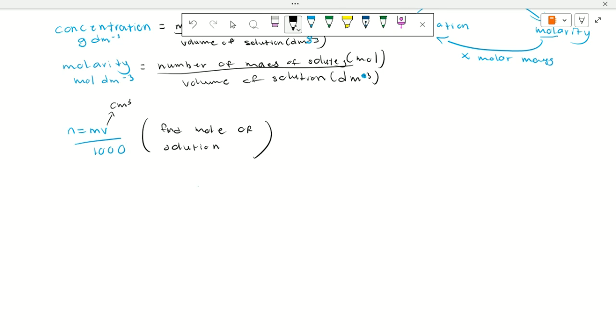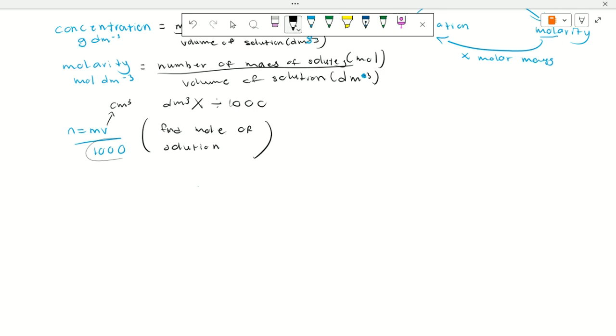If you don't know the function of 1000, why we divide by 1000? We divide by 1000 because we want to make it into dm cube. However, if it's already in dm cube, you don't need to divide by 1000.